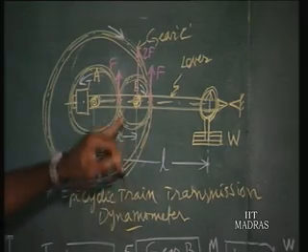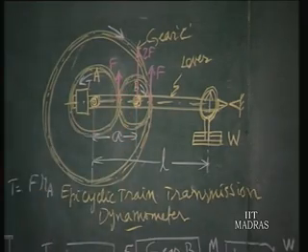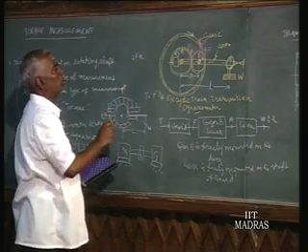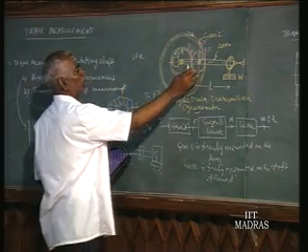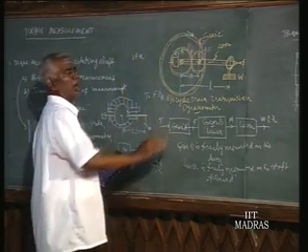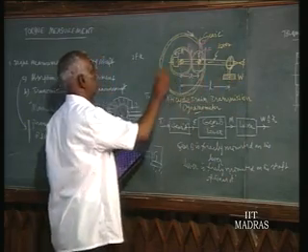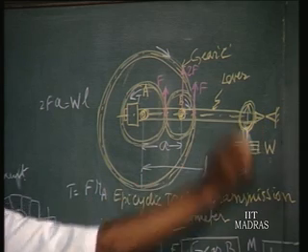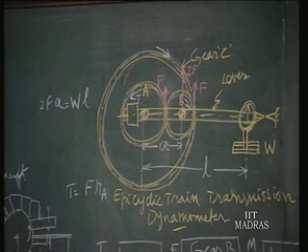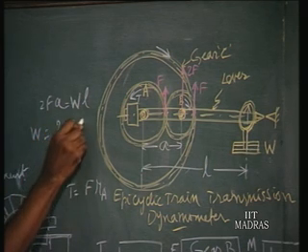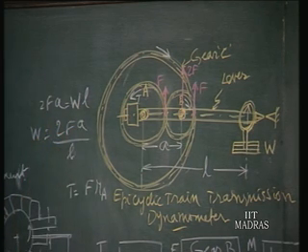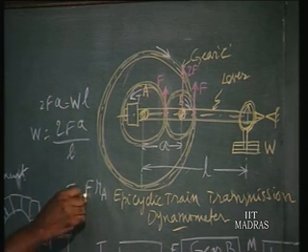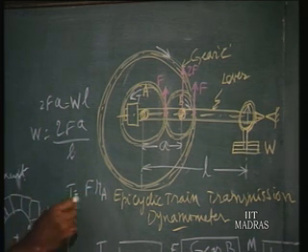Now the moment is 2F into A. 2F into A will be the moment about the pivot of the lever, and that is to be balanced by the hanging weight W into L. By adding weight we can balance it so that it stands against the reference mark. So now we find W is equal to 2FA divided by L. And we know F is equal to T by RA.